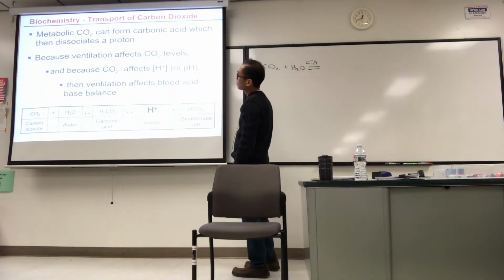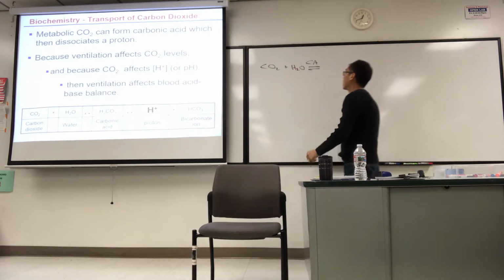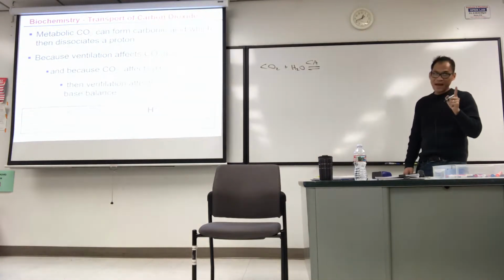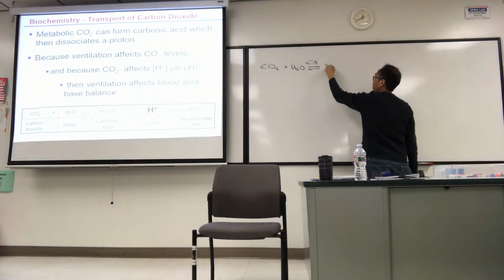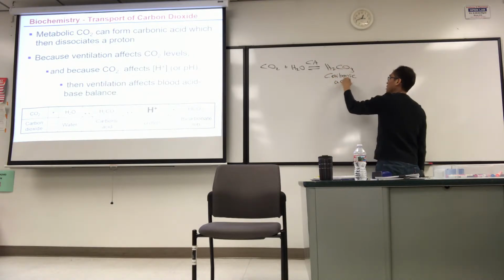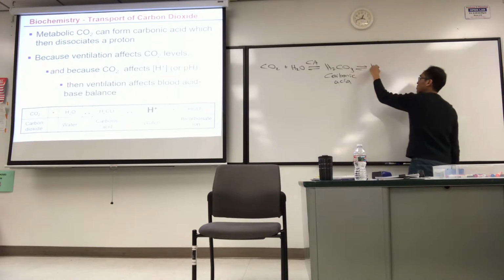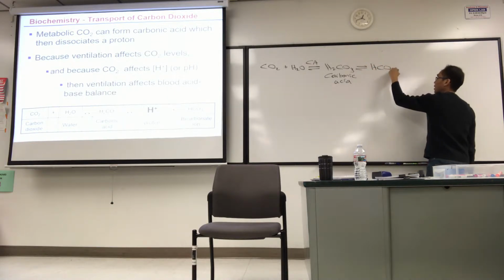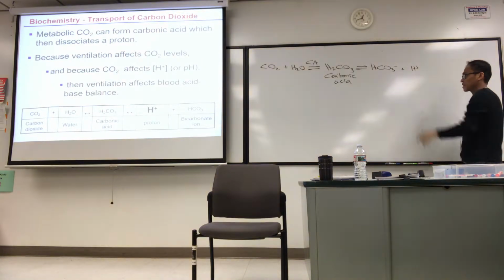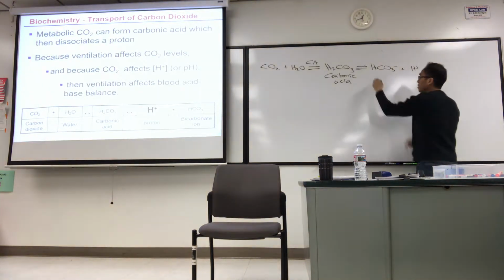I don't have it on this slide. It must be on the next slide. Anyways, CO2 and water will form carbonic acid. H2CO3 is carbonic acid, which is a weak acid which partially dissociates, giving up a proton, becoming HCO3. So you got your hydrogen ions, which affects pH, and this is bicarb right here.